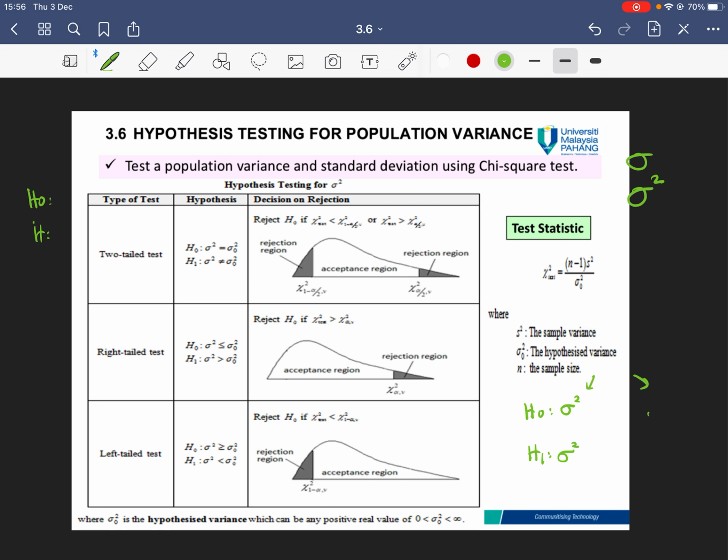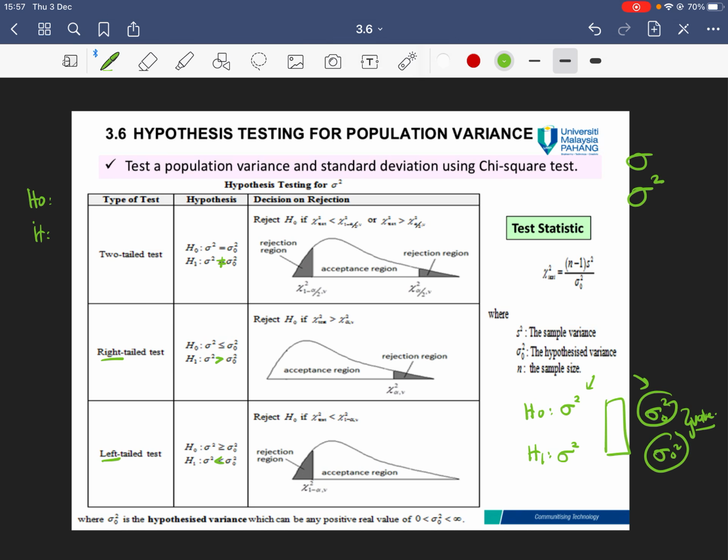For the right hand side will be sigma naught square. Don't put the sigma naught square, put the value. The value you can find from the equation. At the center here will be the symbol. So two-tailed test as usual, not equal to H1, right tail H1 greater than, left tail H1 less than.